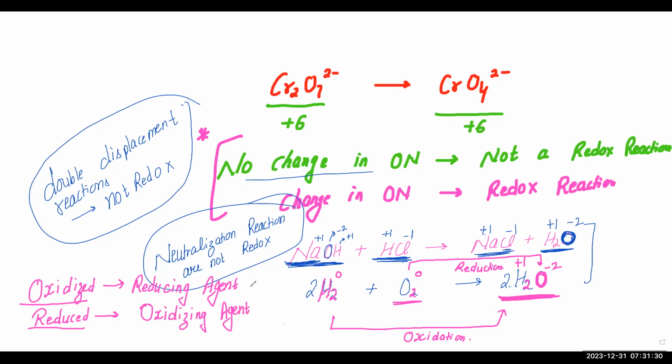Can I say this, children? Whoever is getting oxidized is helping in the reduction, so it's the reducing agent. Whoever is getting reduced is helping in the oxidation of other species, so it's the oxidizing agent.